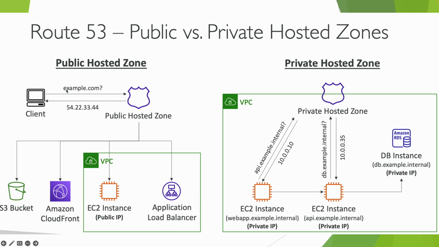Similarly, this example.com may have some IP address bound to it, and this hosted zone will say, okay, the particular website which you are looking for is on this particular server, and it will give the response here. This public hosted zone can be connected to any other AWS services, outside on the internet or inside a VPC.